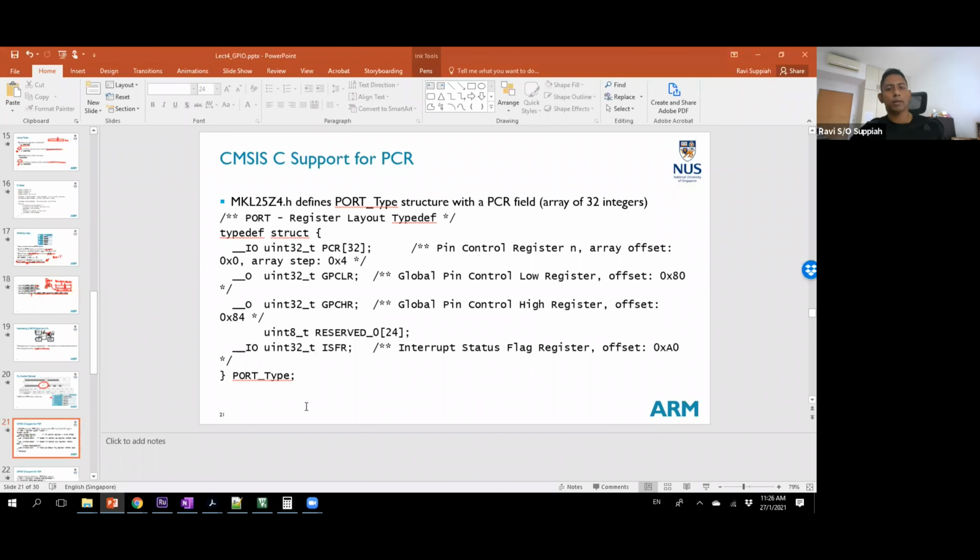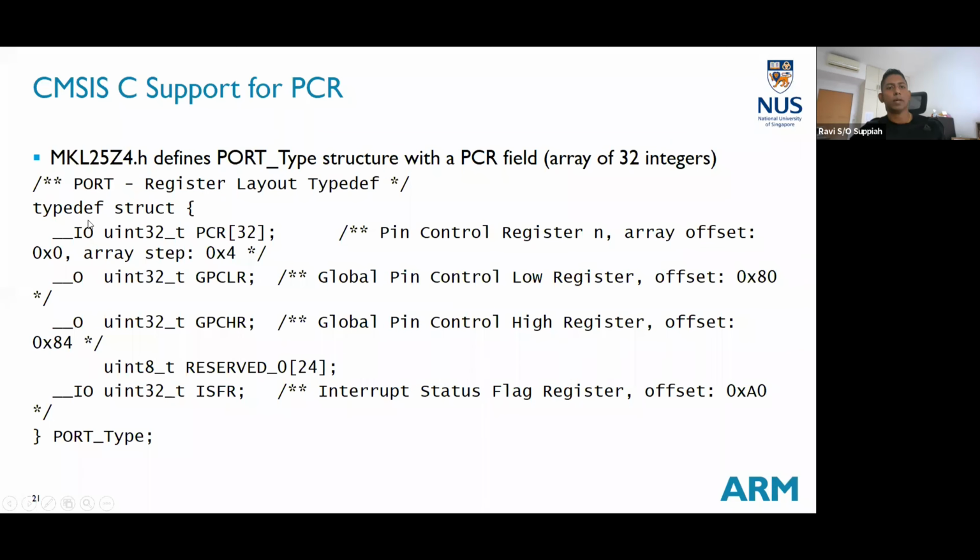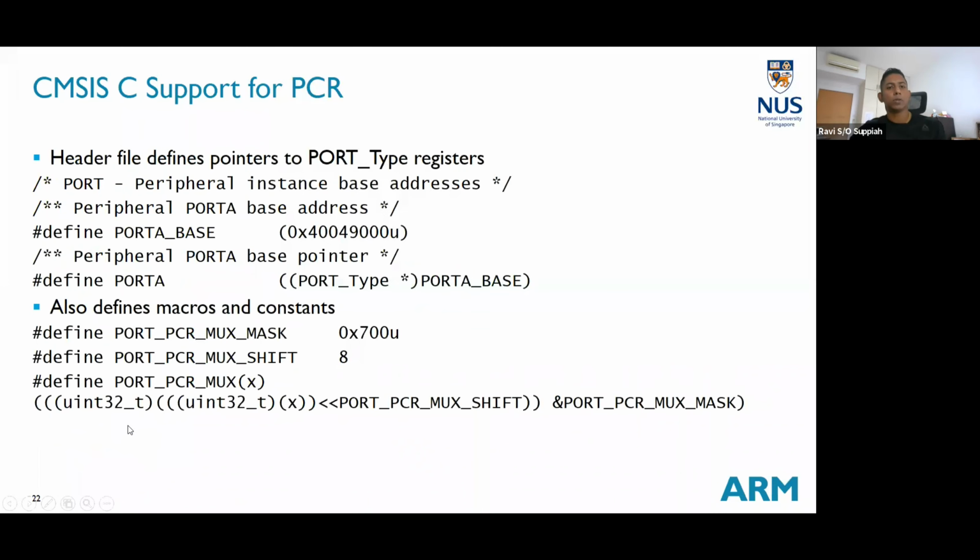Inside our header file, you can also see the structure where the PCR register is defined with the port type definition. Inside your Keil environment, we have already seen the port A base and the definition for the port that we're going to use.